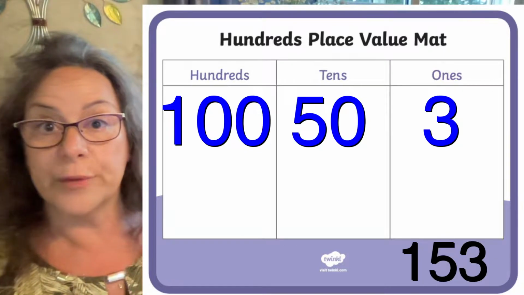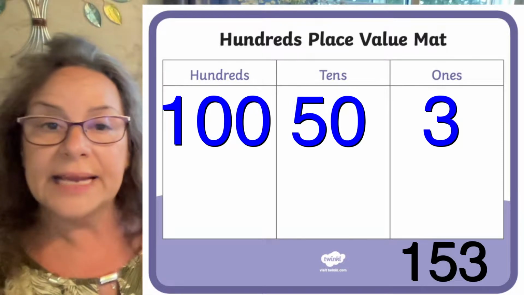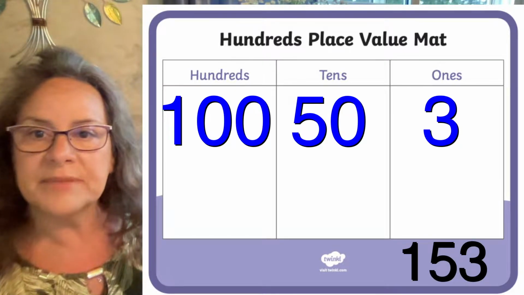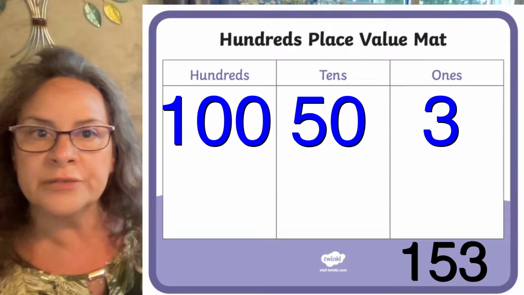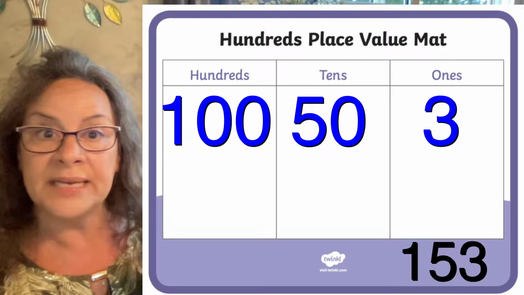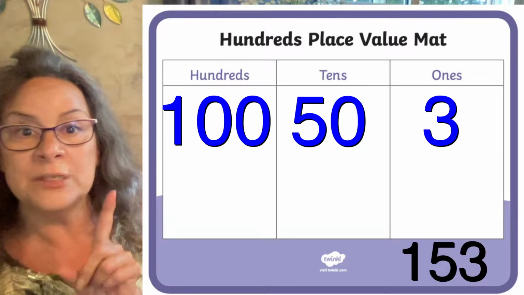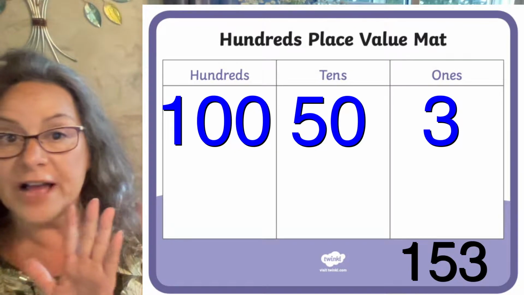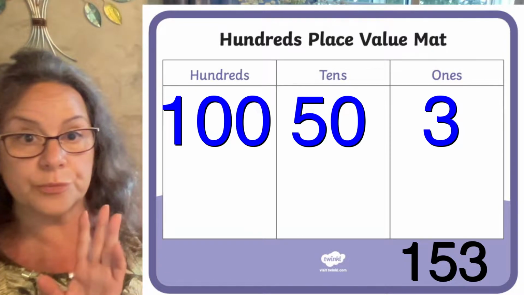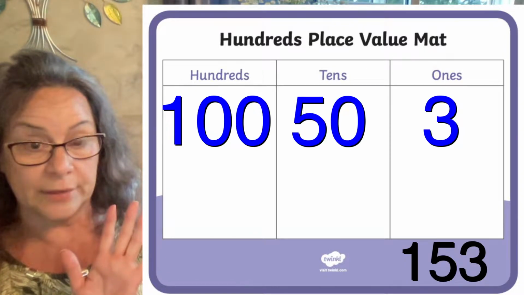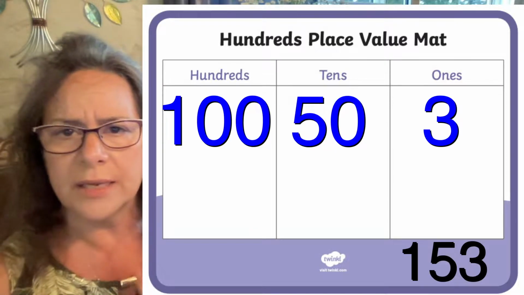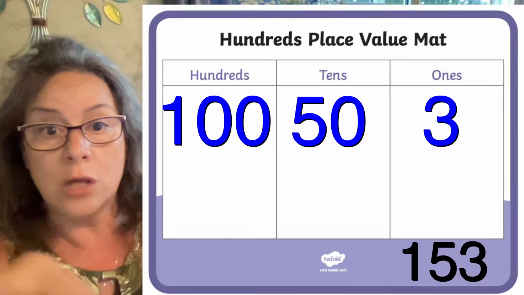So, 153, 100. It's like I started to say, it's a concept that you want to understand. You want to understand that the 1 does not mean 1, that the 1 means 100, that the 5 doesn't mean 5, that the 5 means 50, but the 3 does mean 3, right? That's what this place value is all about.